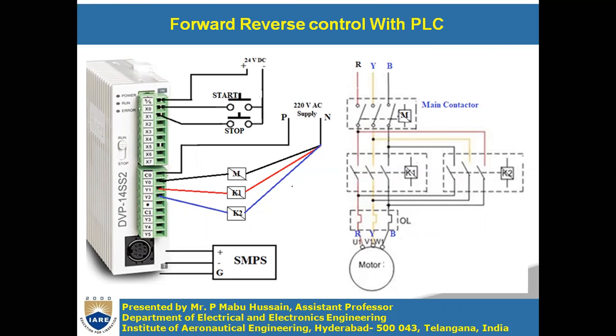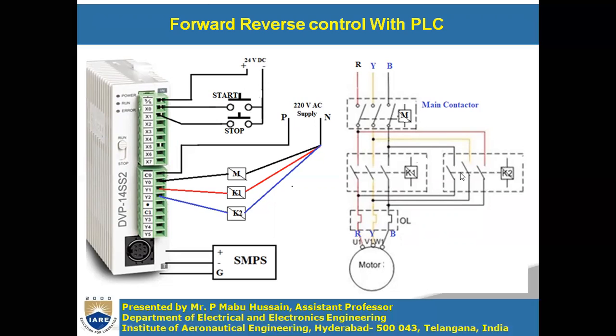The main contactor is represented with M, and the box is the coil for this main contactor. K1 is the coil for the forward control contactor, and K2 is the coil for the reverse contactor.